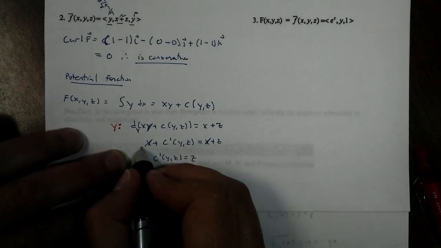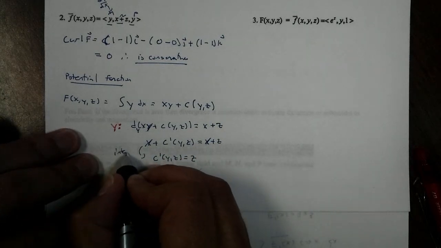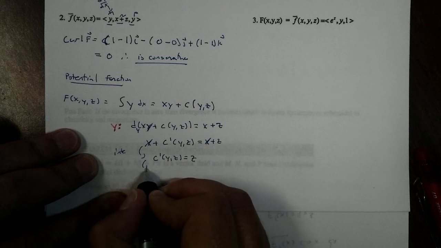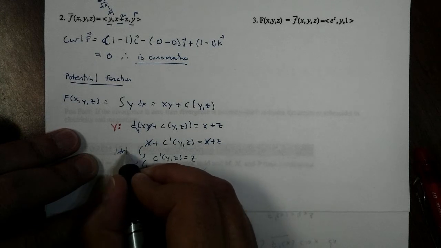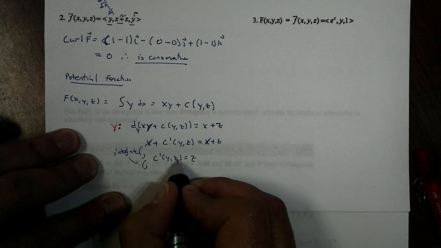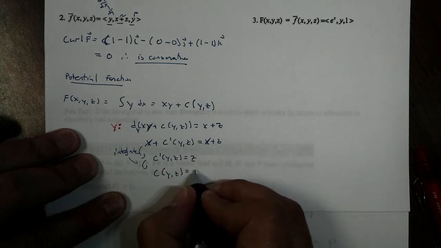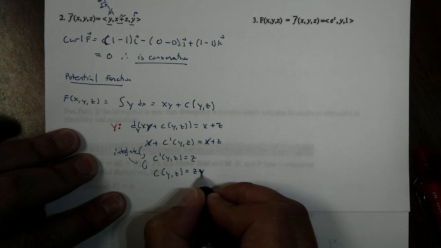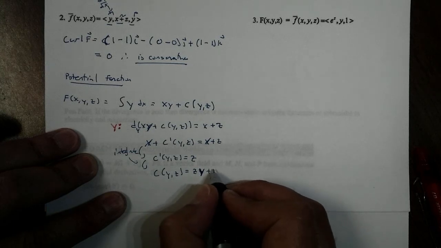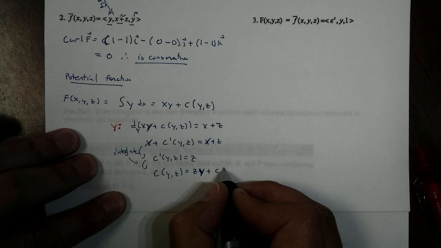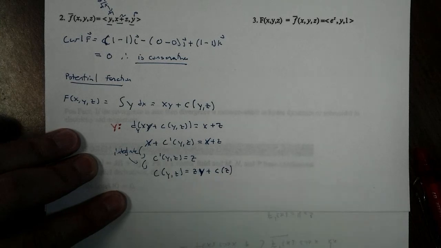And now I'm going to integrate, right? But remember, I'm integrating with respect to y, so c of yz becomes zy plus. Now, I'm going to get another constant, but now my constant's in terms of z.